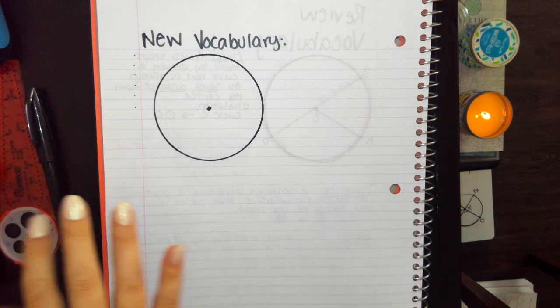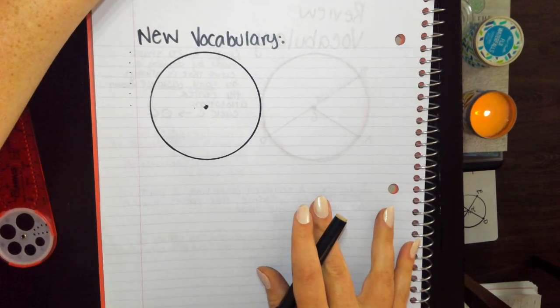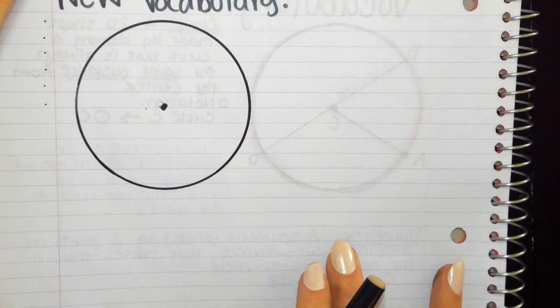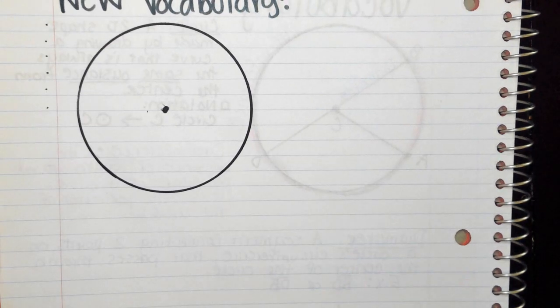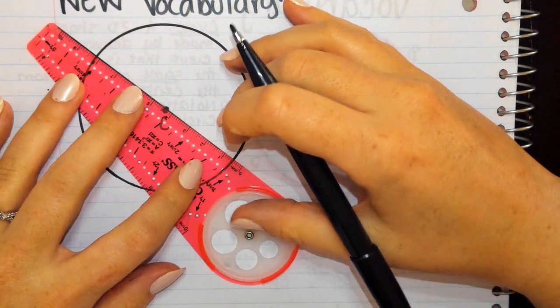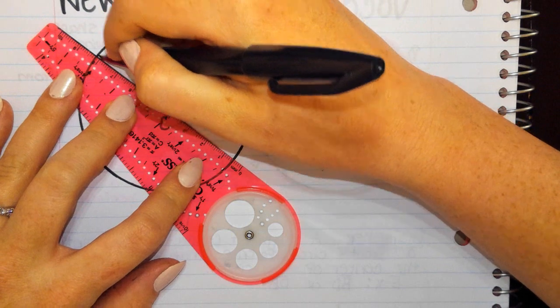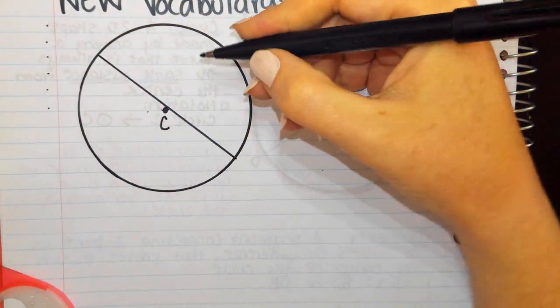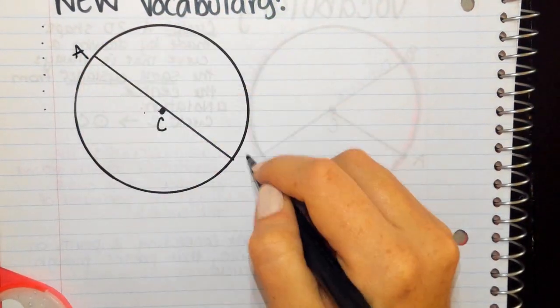Okay, so then once we have our circle drawn, we're going to again label this central point as C, and then I'm going to draw a diameter. Okay, we'll call this AD.